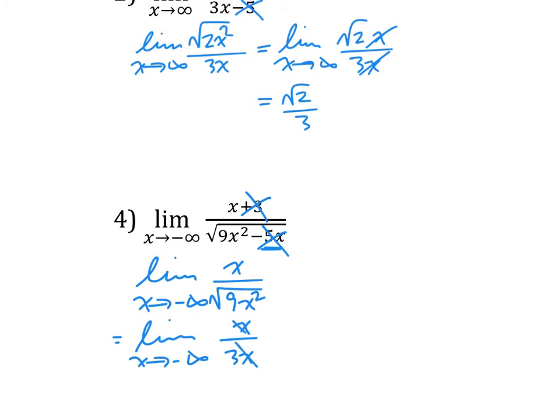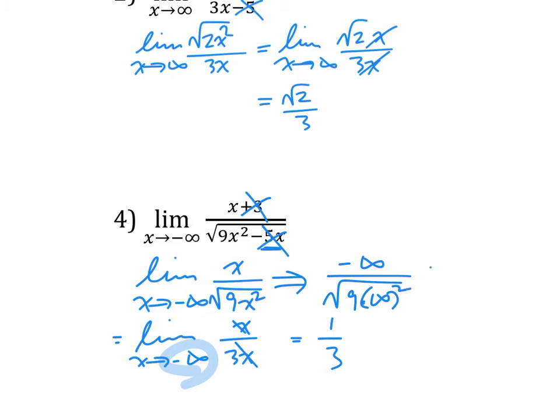Now you may be tempted to say that the limit is 1/3, but it's actually not true. And why is it not true? Because of the negative infinity. If we go back to here, when we plug in negative infinity, we would get negative infinity over square root of 9 times negative infinity squared. And then that becomes negative infinity over 3 infinity.